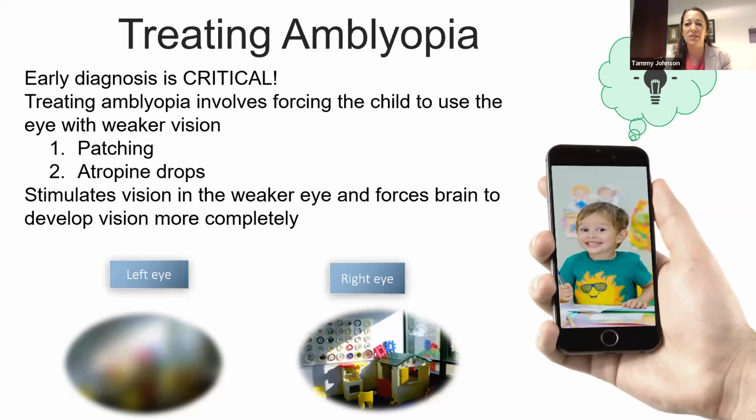The parent simply puts a drop in the child's good eye, which forces them to use the bad eye, and it lasts for say 8-10 hours, whatever the doctor prescribes for a given day, and the child can't take it off. The parents don't have the compliance issues of not wanting their child to be patched, visibly seen by other people. So treatment has improved incredibly. That's why you perhaps don't see as many kids with amblyopia treatment.